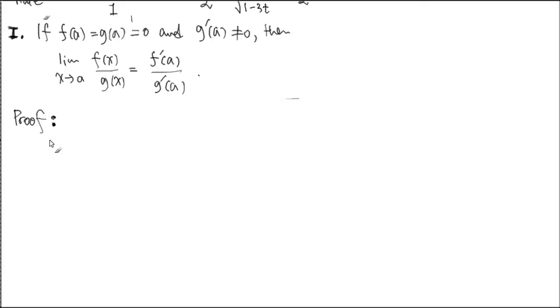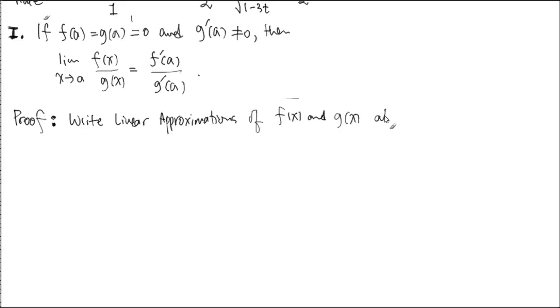It's linear approximation. So write down linear approximations of the two functions f of x and g of x. At what point?